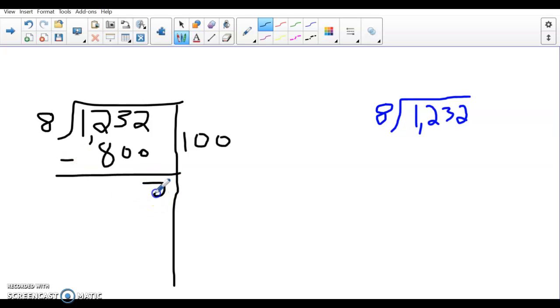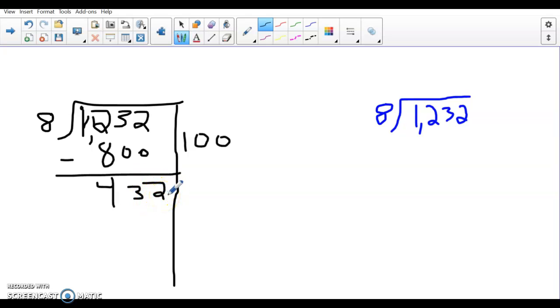And now I subtract. 2, 3 minus 0 is 3, and then 12 minus 8, or I could borrow from the 1. I could say this is going to be 12 and turn this into 0, right? 12 minus 8 is 4, so 432. All right, well now you could think of this as a 0 again, right? And so think of, how can 8 go into 43, or what times 8 gets me close to 43?